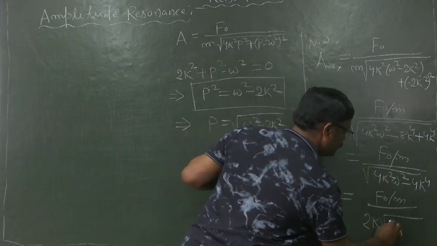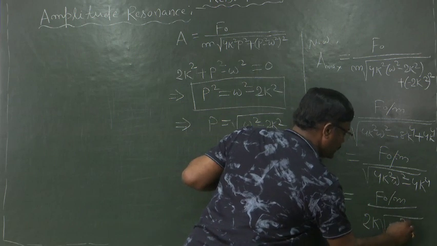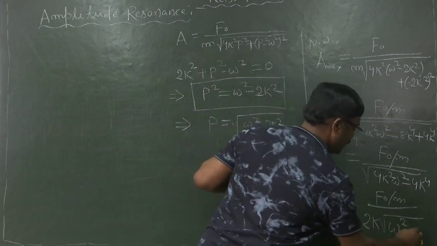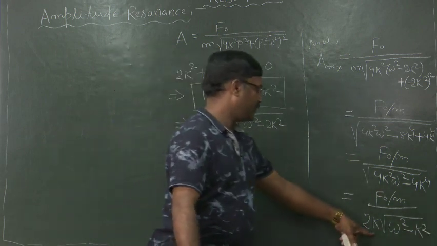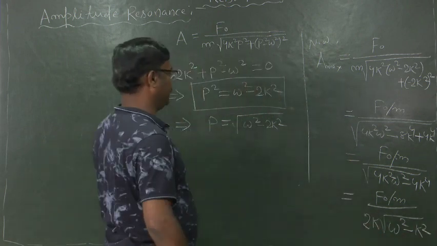So, within it will be omega square minus k square.